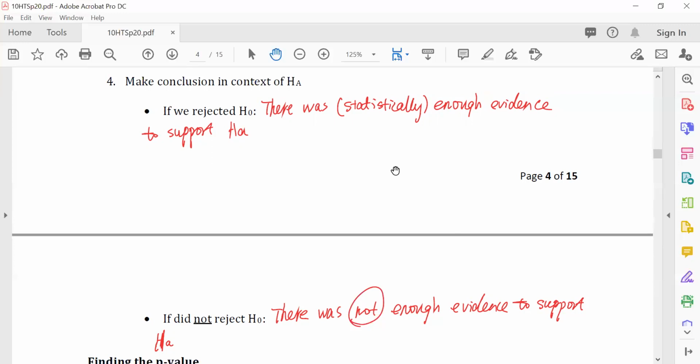We are not saying we prove H null or we prove HA. If we reject H null, we are saying there was statistically enough evidence from the data we collected to support HA. If we couldn't reject H null, we are saying there was not enough evidence from the data we collected to support HA.